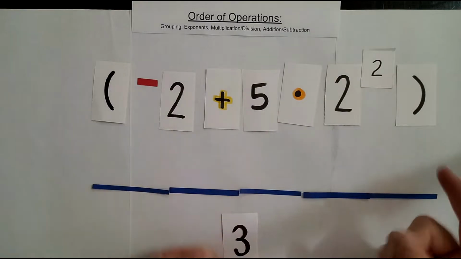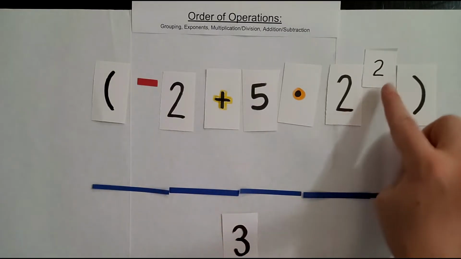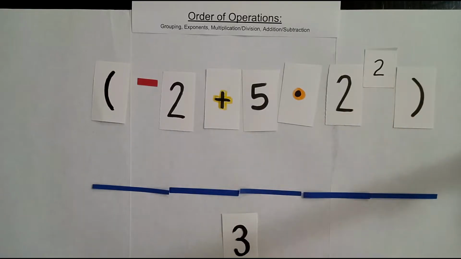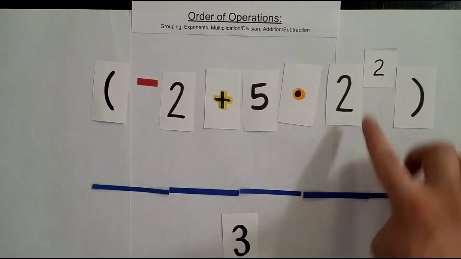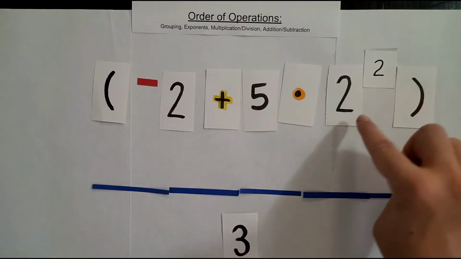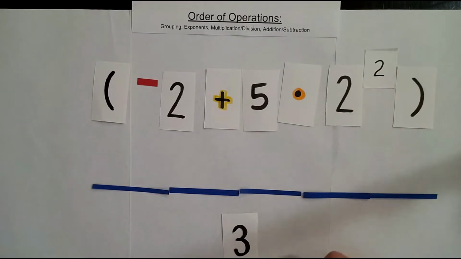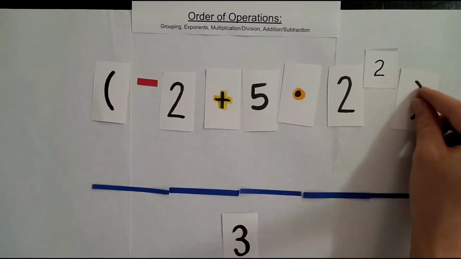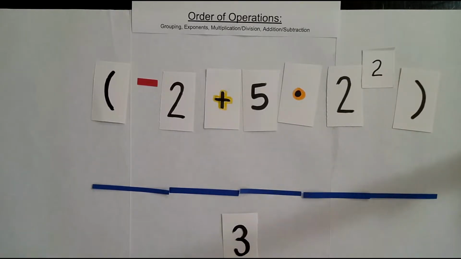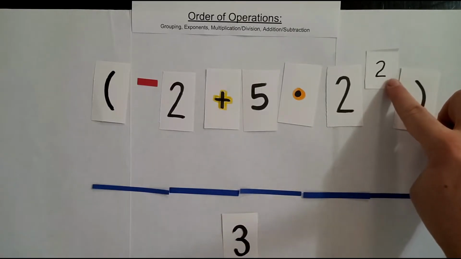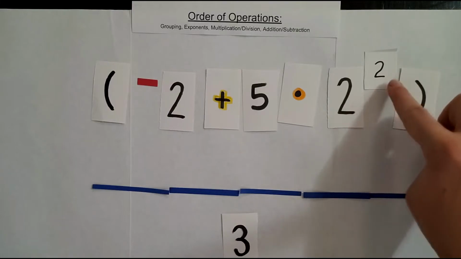We also call that power. And if it's a power of 2, we can also call that squared. So we can call this 2 to the power of 2, 2 squared, or 2 with an exponent of 2. All of those mean the exact same thing. But the way that we solve this, 2 squared, this tells us how many times we multiply 2 by itself.